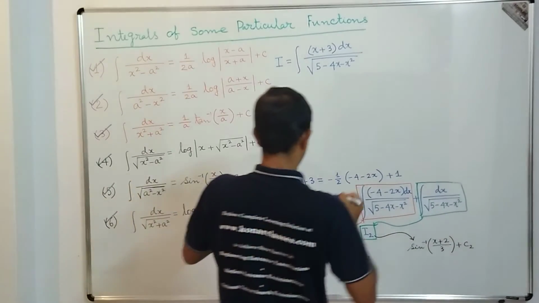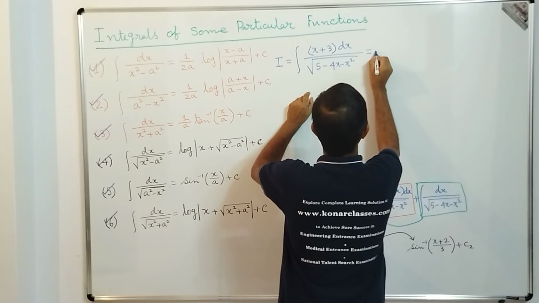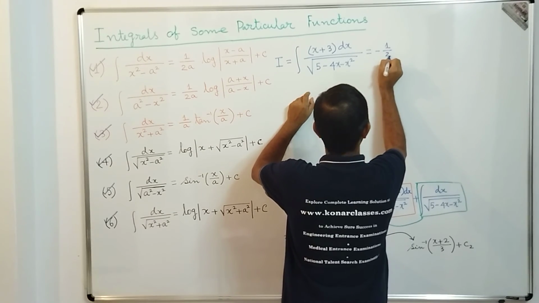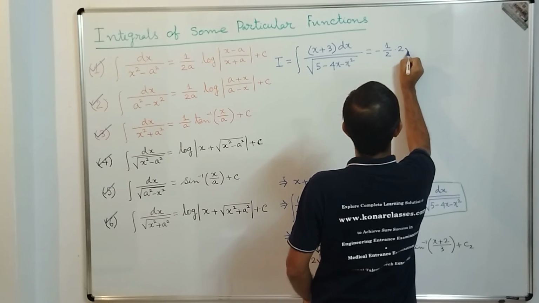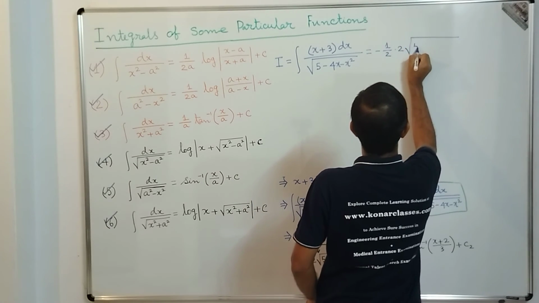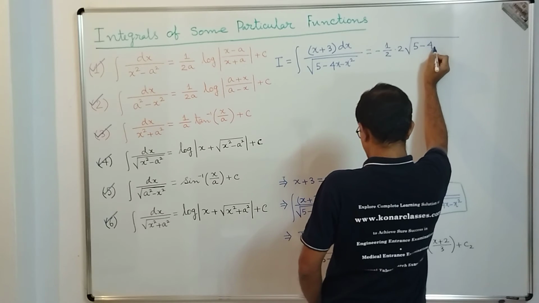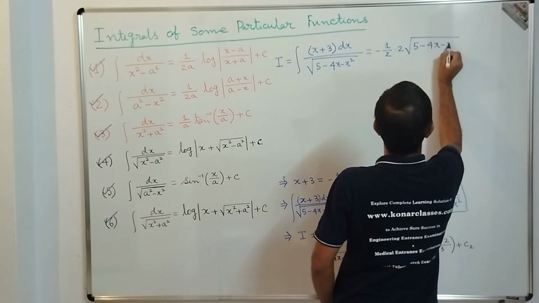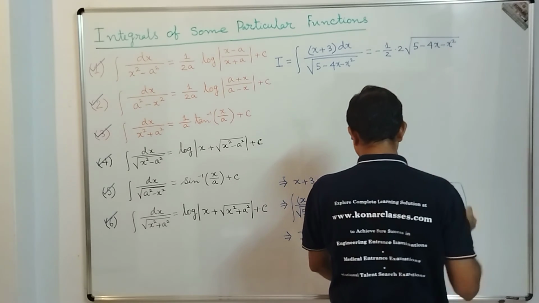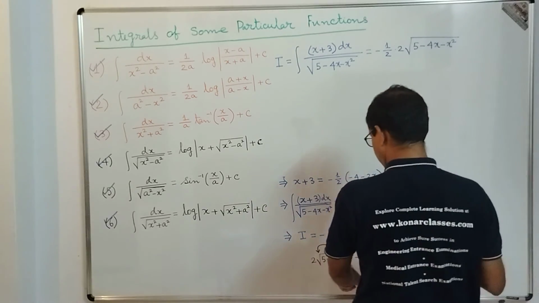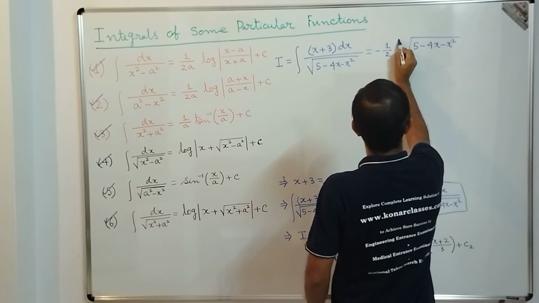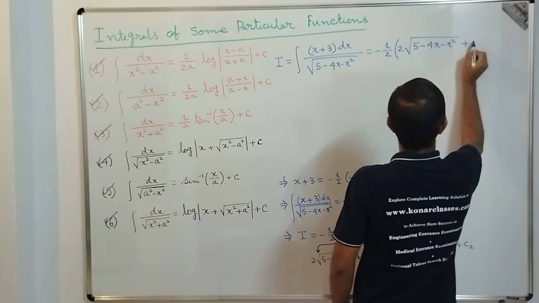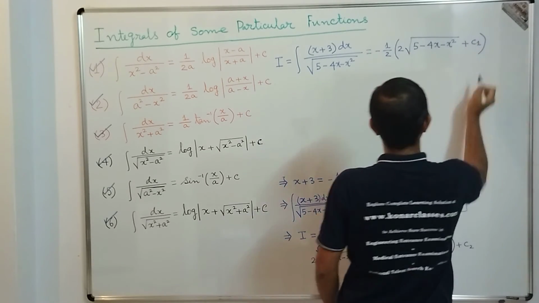So this is equal to minus half into I1, where I1 is equal to 2 into square root of 5 minus 4x minus x square plus c1, correct.